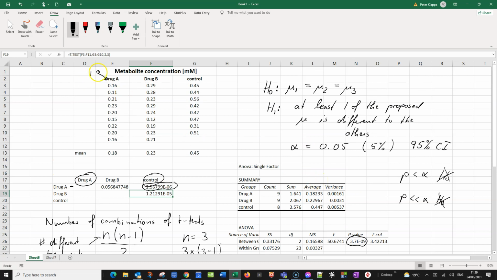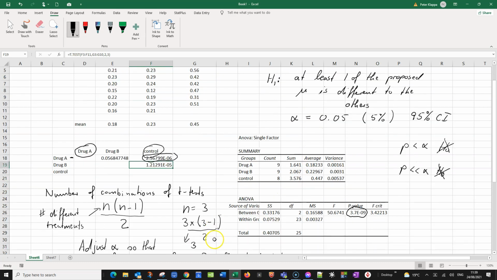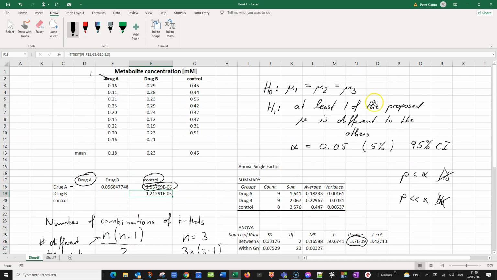But especially when you have several groups to compare, the ANOVA is quite useful because you don't have to do these t-tests if you find out that all the means are the same.